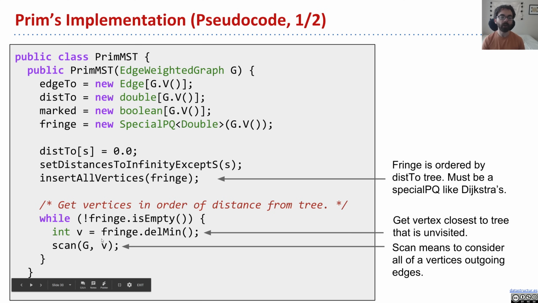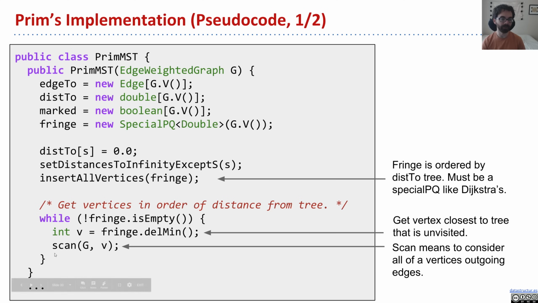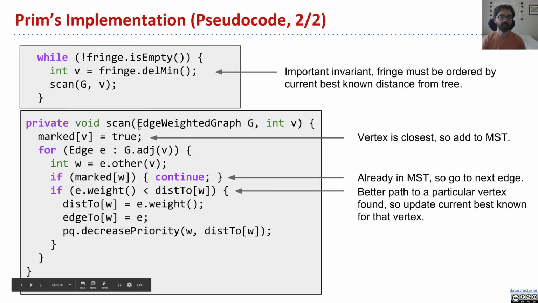And then we're going to scan all of the edges in the graph from that vertex v. So what does scanning mean? This is just the inner loop here again. Scanning means we are going to take a graph and a particular vertex, and then we're going to first mark that vertex as true. So this is saying, okay, you are now part of the MST club, and we're implicitly at that point committing ourselves to using the edge2 value that was already pointing at that vertex, if any.